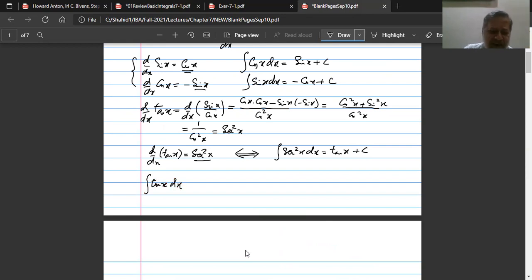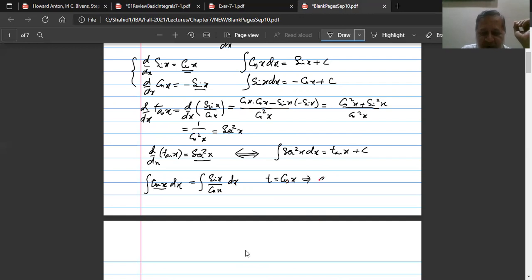I know that tangent x itself is not the derivative of any elementary function. So what I do is consider this as sine x upon cos x, and I make a substitution for the denominator function. t is equal to cos x.